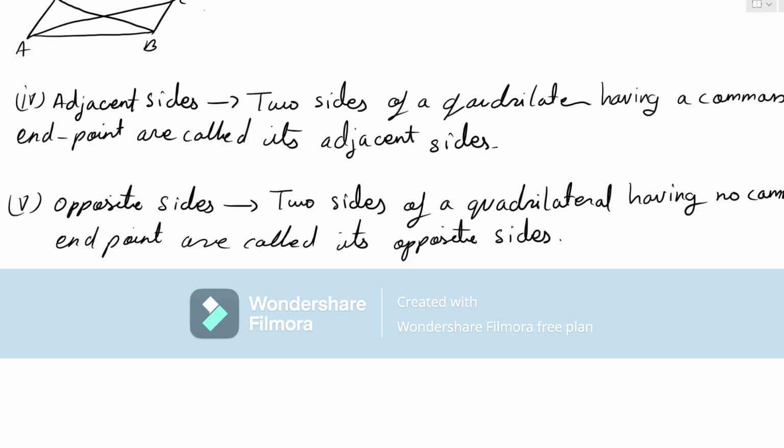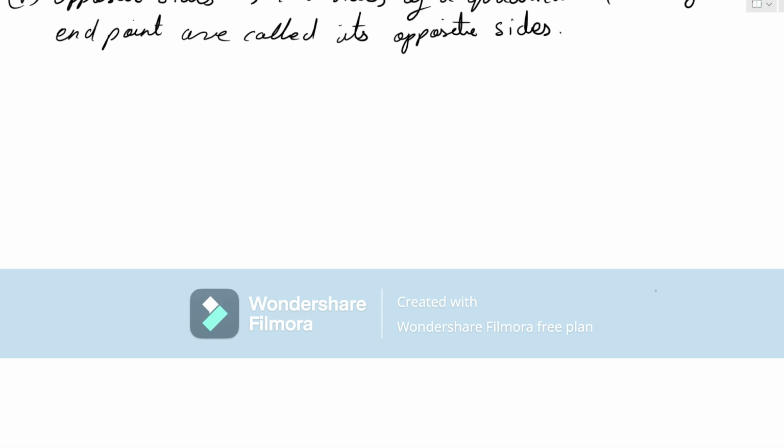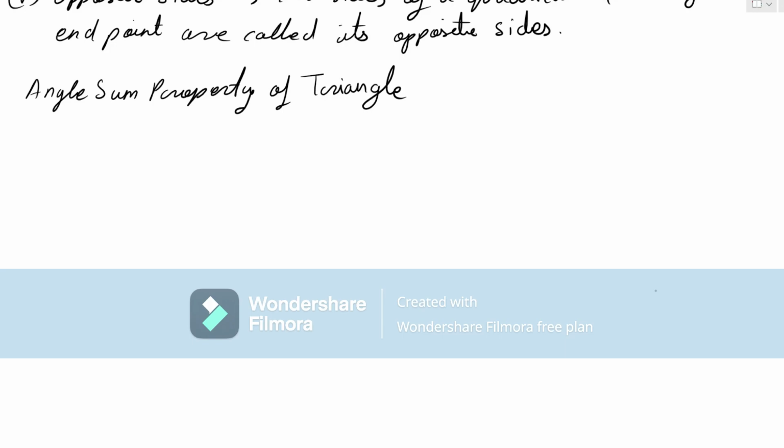So let's begin with our first theorem or property, that is angle sum property of triangle. Now I will explain this with the help of a diagram.